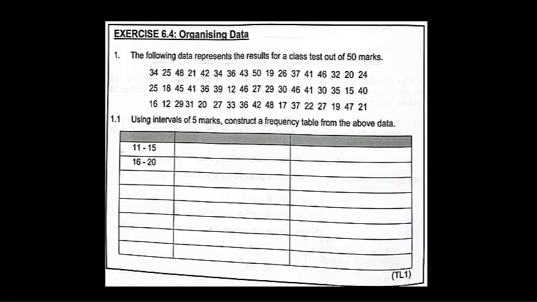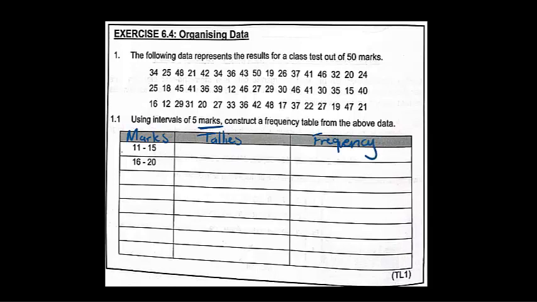Because we are doing the marks of the kids, the heading of the first column is going to be marks. The second one is going to be tallies. And the third one is going to be the frequency.